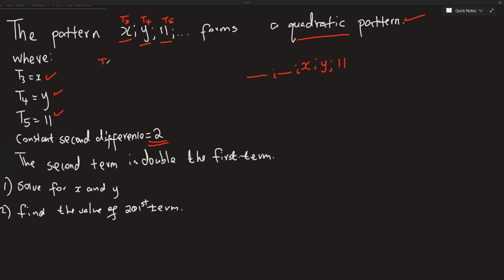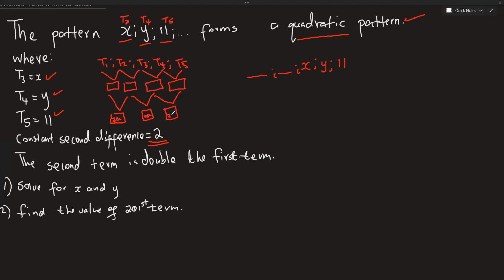So I have term 1, term 2, term 3, term 4, term 5, right? Then I'm going to subtract: T2 minus T1, T3 minus T2, T4 minus T3, and then T5 minus T4. And then here, I'm going to subtract those again. If you remember well, the second difference of a quadratic is always 2a.